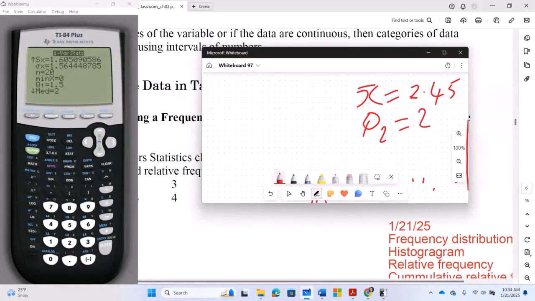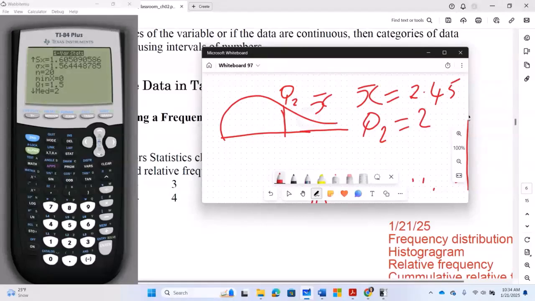So now I can make the decision. Is this data skewed? Yes, it is skewed right. Why do I say that? The data is skewed right because the mean is greater than the median. So this is x bar, 2.45, and the median, Q2, second quartile, is 2.